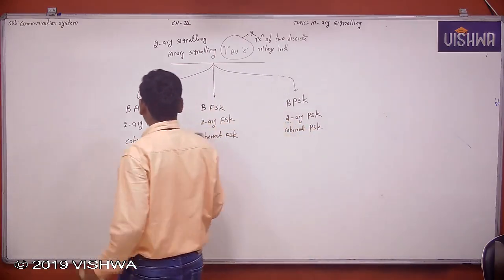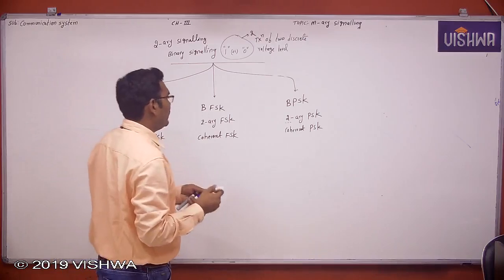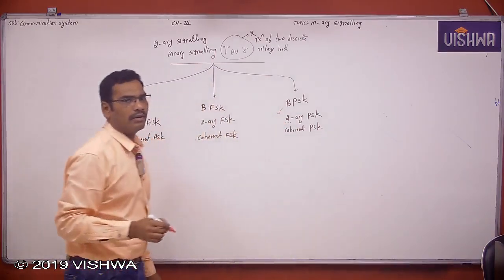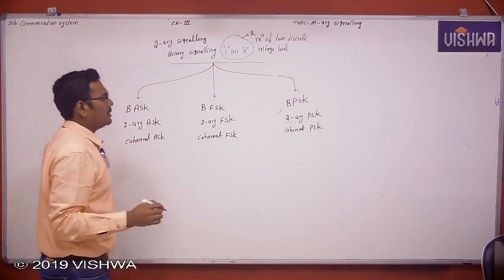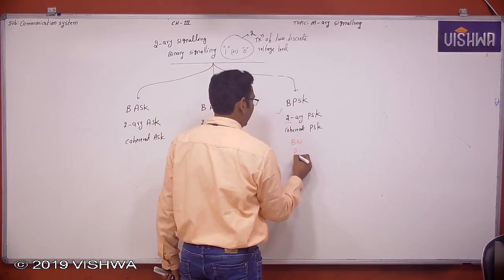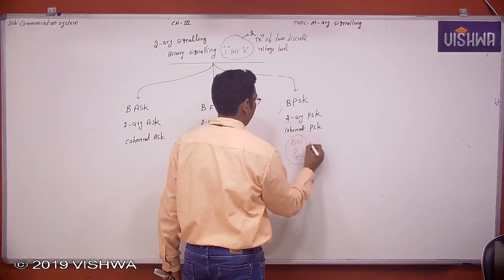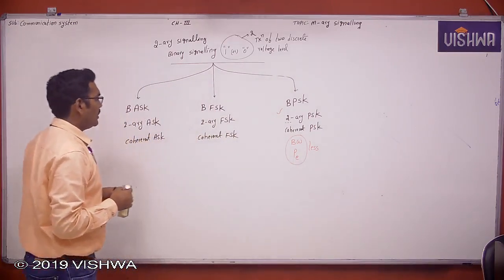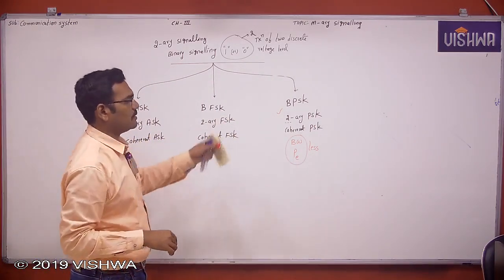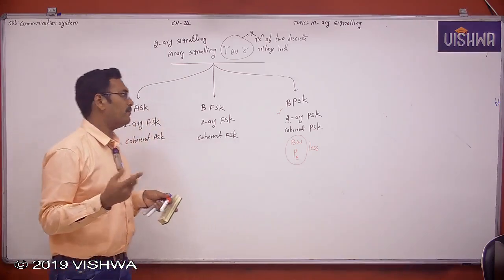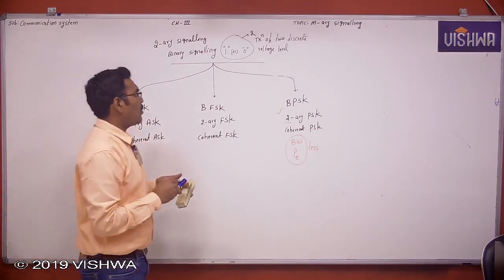But out of these, you finally select BPSK or 2-array PSK or coherent PSK, because here bandwidth and probability of errors are less. Okay, but the common problems of all these are coherence, synchronization and quadrature null effect. This is a problem here.